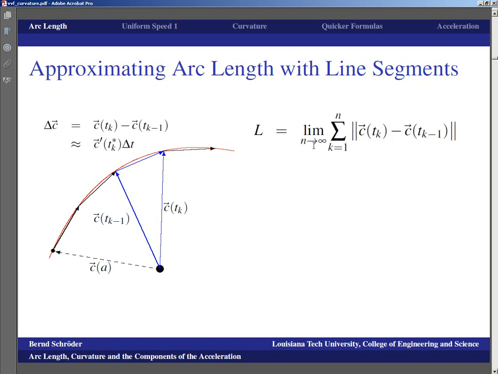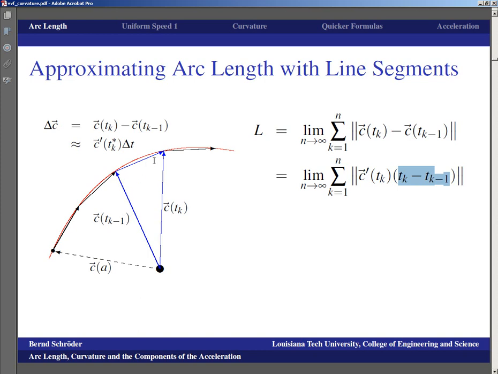L is ultimately the limit as we send the number of intervals to infinity, sum from k equals 1 to n, of these little distances c of t_k minus c of t_{k-1}, and of course we take the norm. Well, that's the limit as n goes to infinity, k going from 1 to n, of the norm of c prime of t_k times (t_k minus t_{k-1}), because this is the delta t, right?